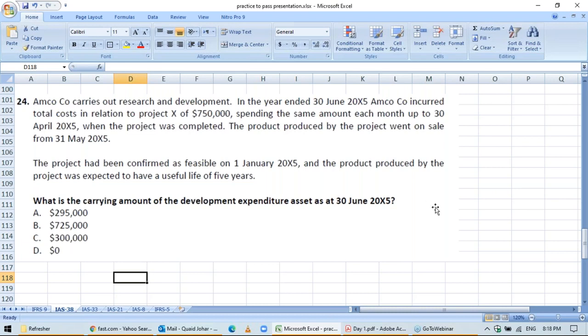So what they say, let me cover the important points, that they spent 7,50,000, right? And up to this amount was spent up to 30th of April 2005.